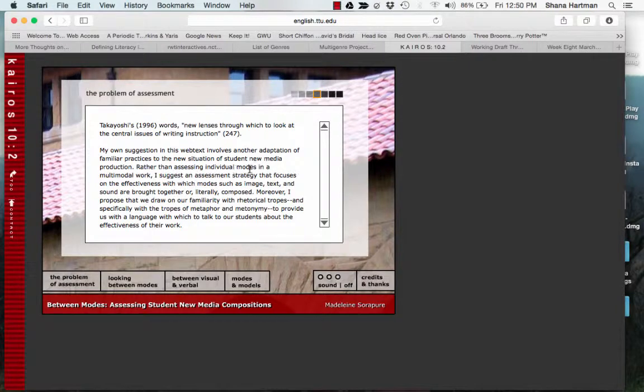Rather than assessing individual modes in a multimodal work, I suggest an assessment strategy that focuses on the effectiveness with which modes such as image, text, and sound are brought together or literally composed. I propose that we draw on our familiarity with rhetorical tropes, and specifically that of metaphor and metonymy, to provide us with a language with which to talk to our students about the effectiveness of their work.